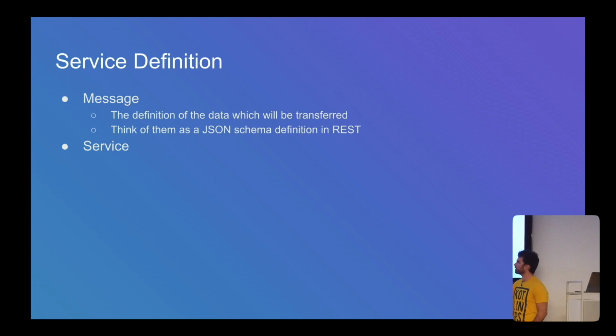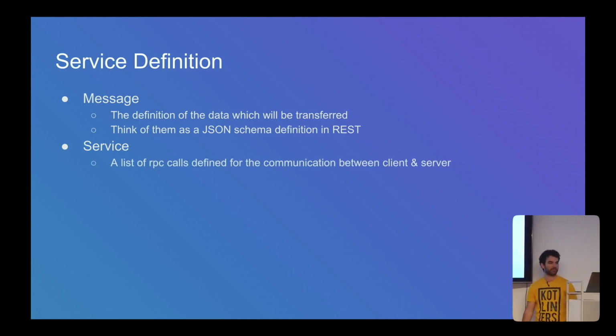The other part is the service, which is the list of RPC calls we will be using in our client. There are four possible types of RPC calls. The first is unary, which is the basic call we all know. The client sends a request and the backend answers with a response.